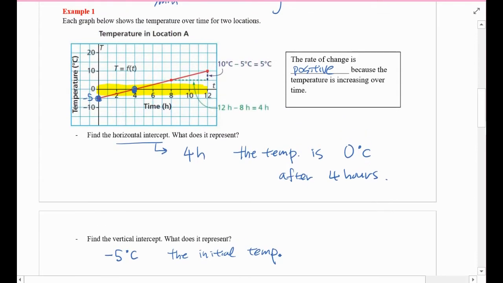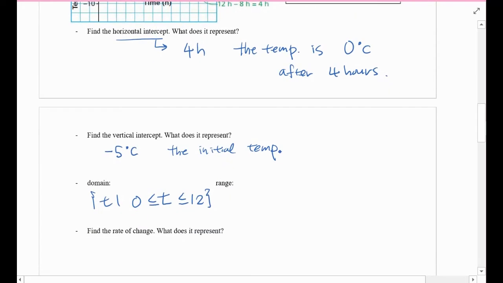And the range: the minimum T value starts from -5 and goes to 10. So 10 is the maximum T value, -5 to 10. So we say {T | -5 ≤ T ≤ 10}. So this is the range.